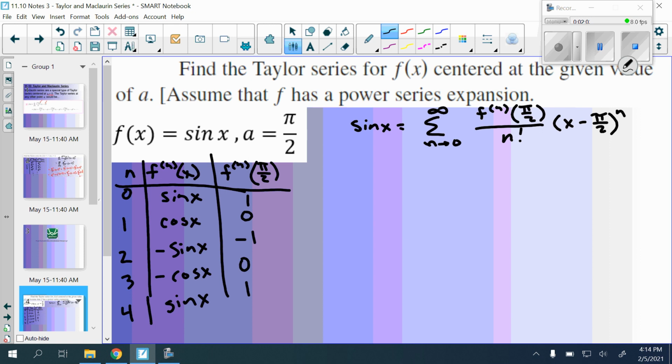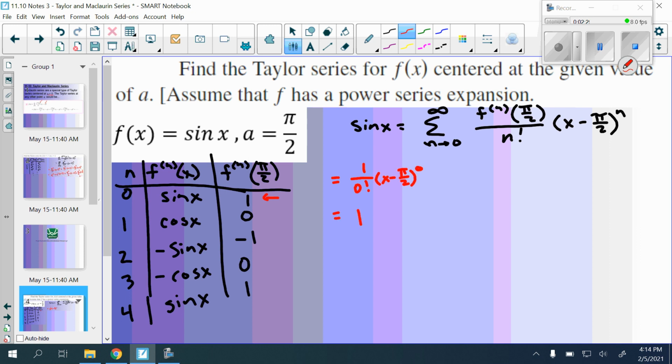If we want to fill in some of these values, let's look at what these first 4 terms would be. If we put 0 in, we're going to get our value here at 0, which would be 1, over 0 factorial, which is also 1. And then we'd have x minus pi over 2 to the 0 power, which is also 1.